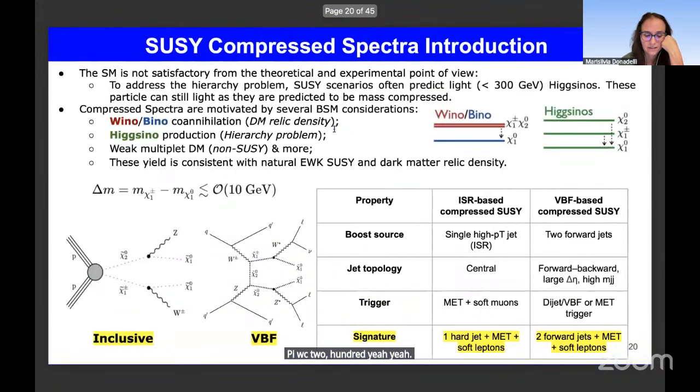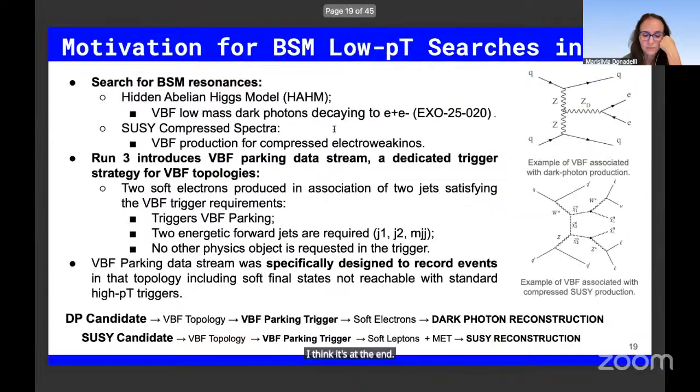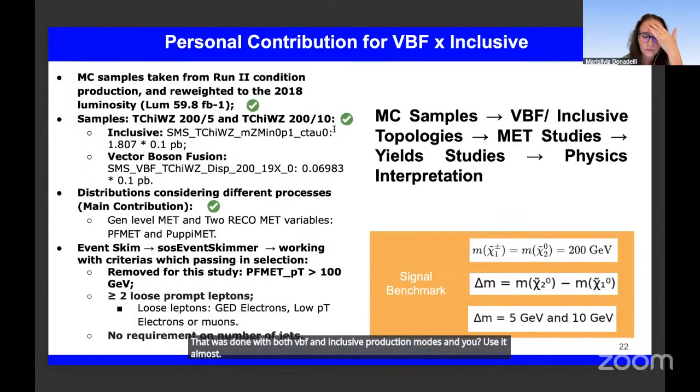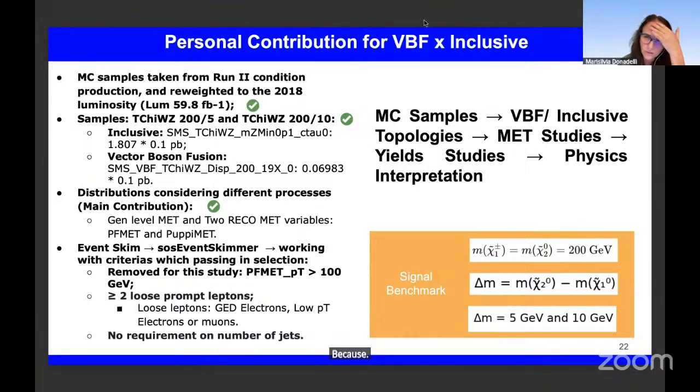I think it's at the end, because that was done with both VBF and inclusive production modes, and you used almost 16 inverse femtobarns because it was consistent with 2018, right? Yes, so we waited for 2018. What was the reason for choosing those two specific delta M values?